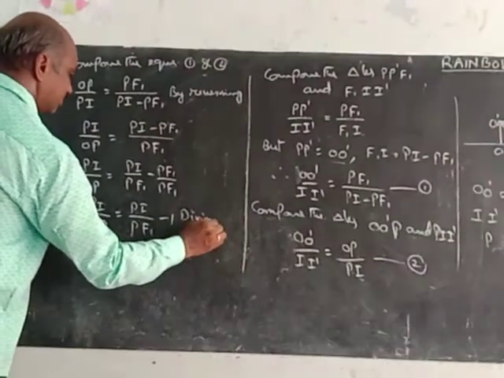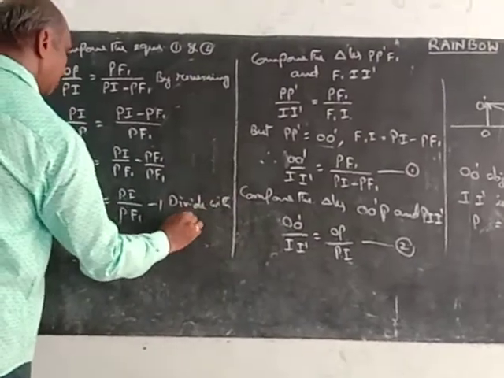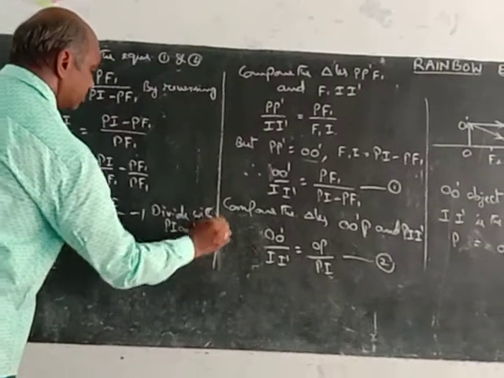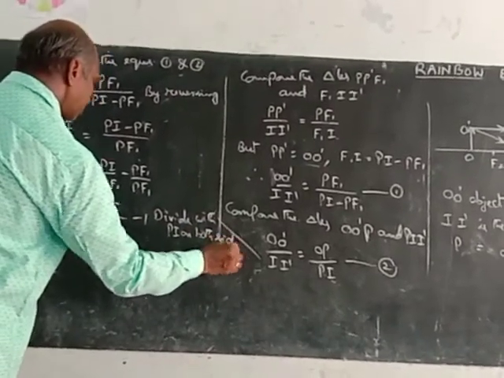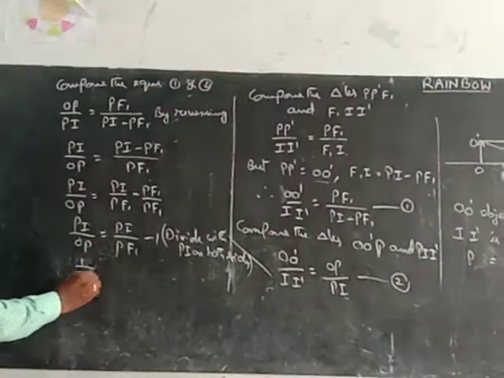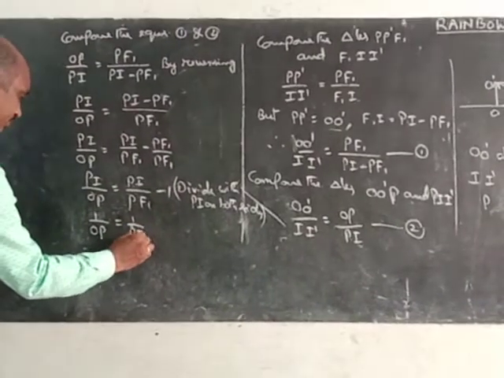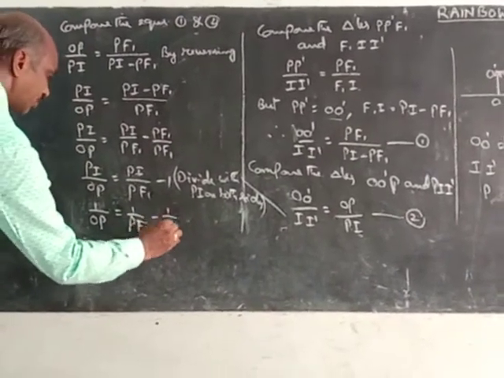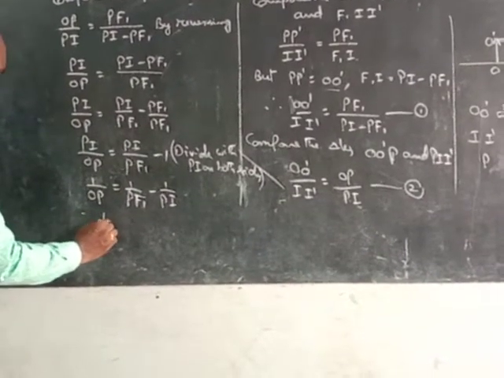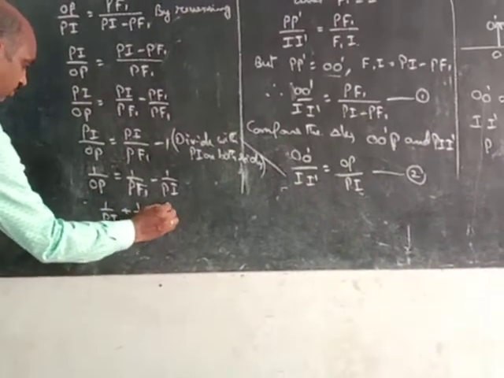Divide with PI on both sides. So 1 by OP is equal to 1 by PF1 minus 1 by PI. So 1 by PI plus 1 by OP is equal to 1 by PF1.